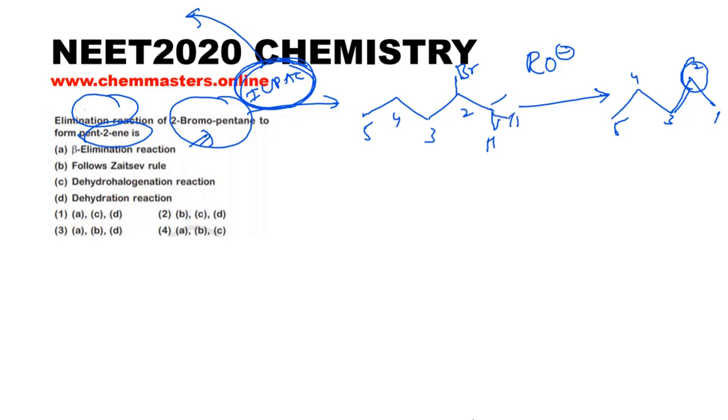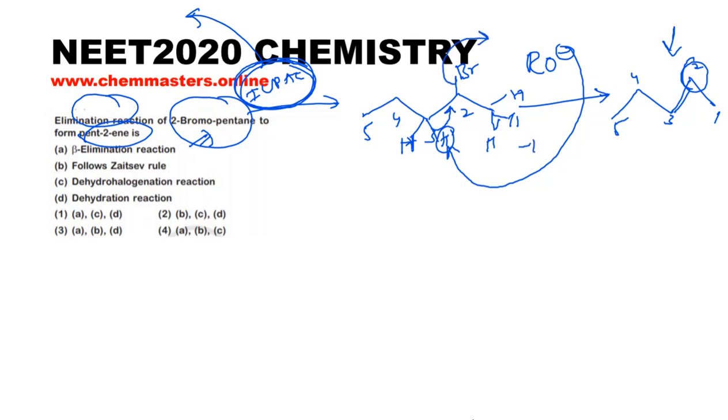Here you can see two possible acidic protons, or two different acidic protons can be seen. So the alkoxide can abstract a proton from this and produces the product as given here. When this base abstracts this acidic proton, the bond electrons move here, then bromine cleaves as Br minus.